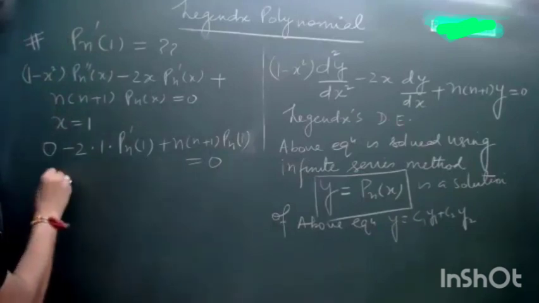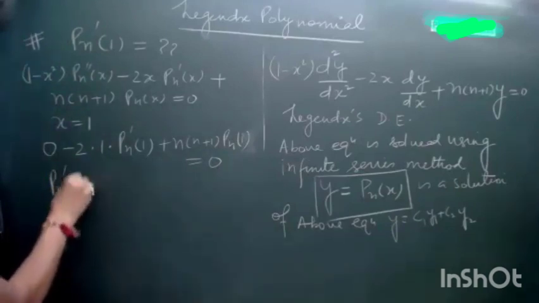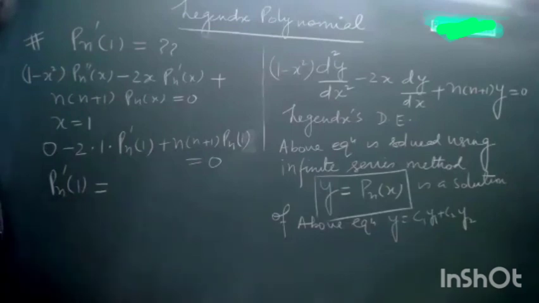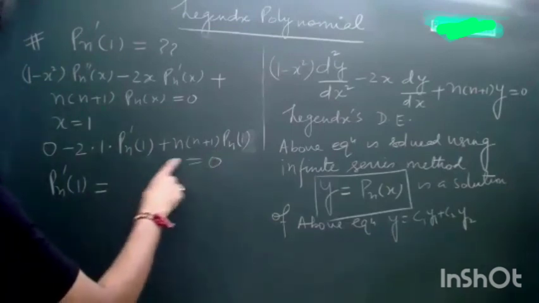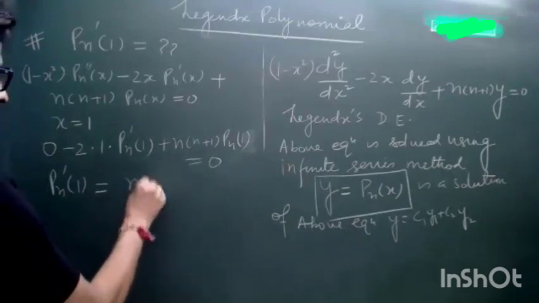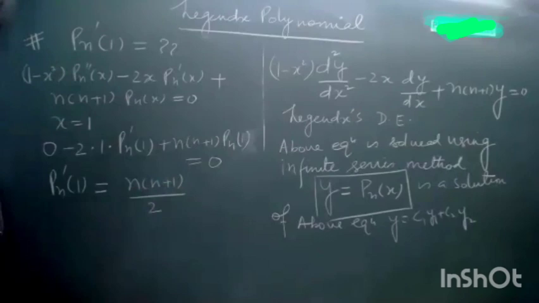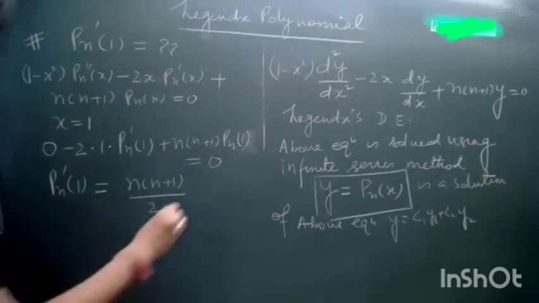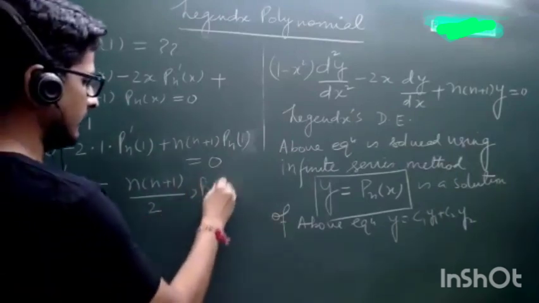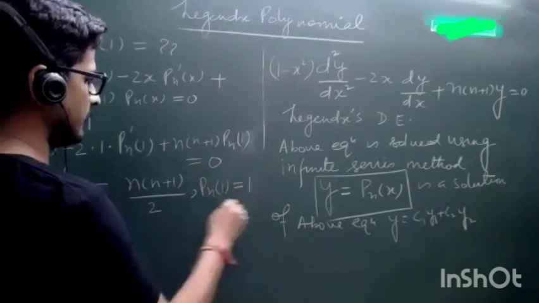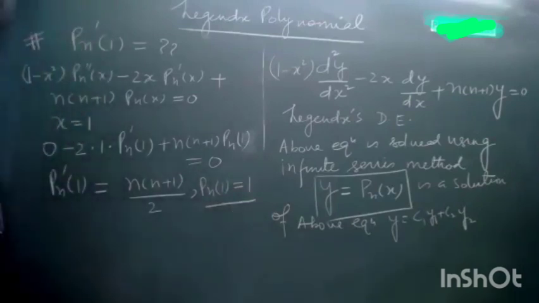So Pn dash 1 will be equal to n into n plus 1 by 2, because Pn 1 is always 1.